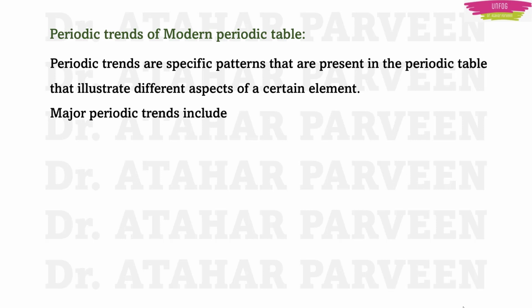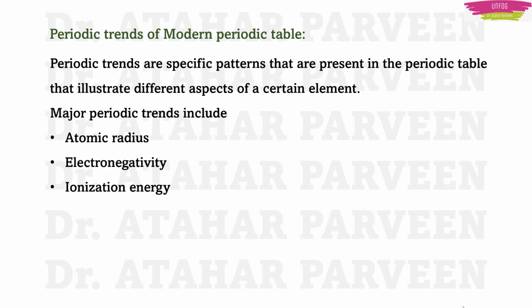A few major periodic trends are atomic radius, electronegativity, ionization energy, electron affinity and metallic character. Now these are all the periodic trends which show that there is a periodicity among elements in a periodic table. Let us start with the first one, atomic radius.